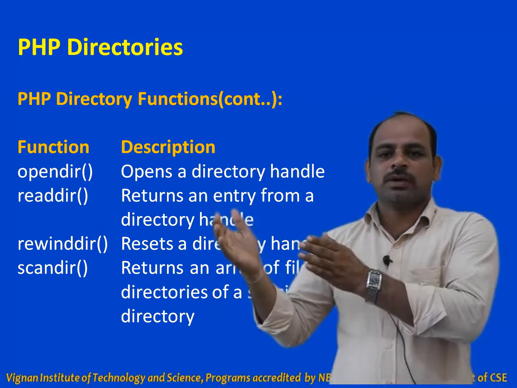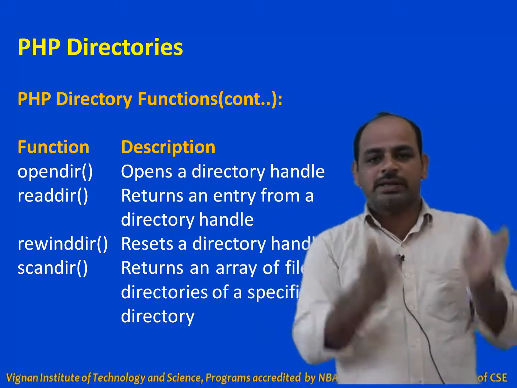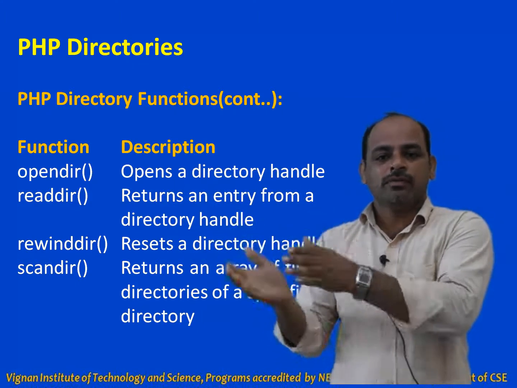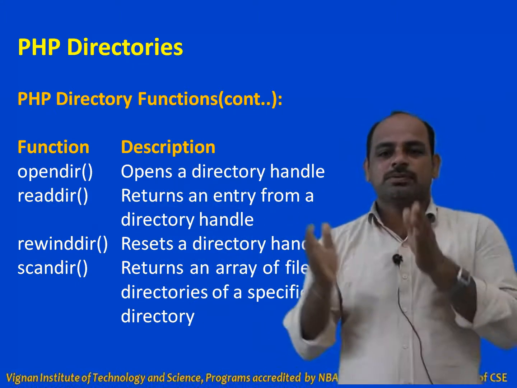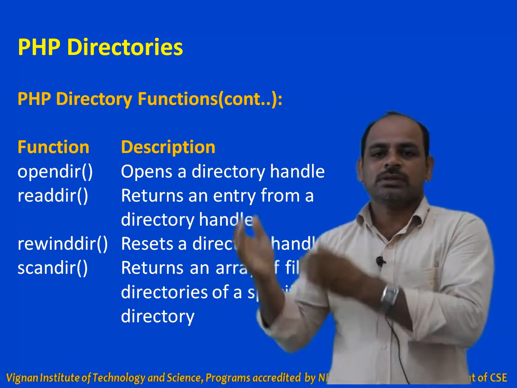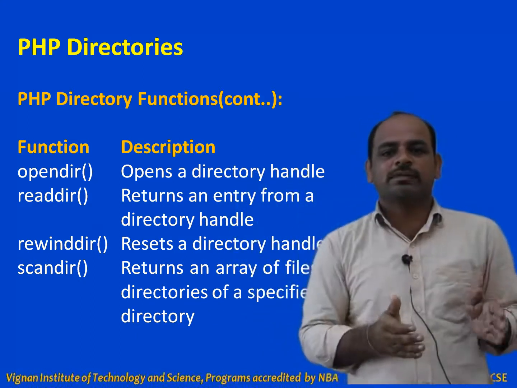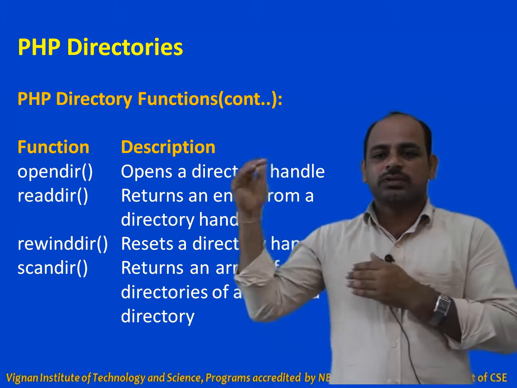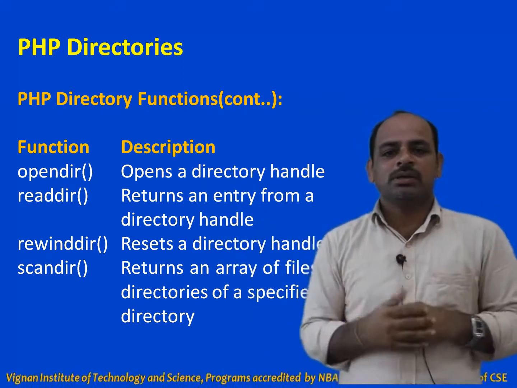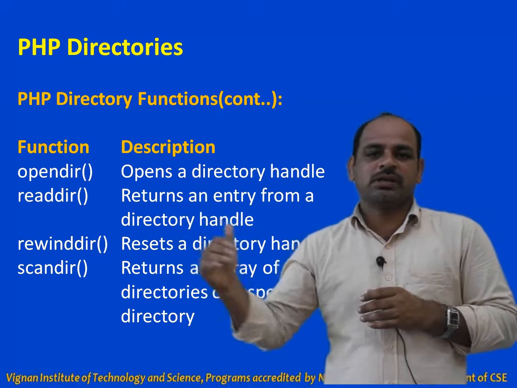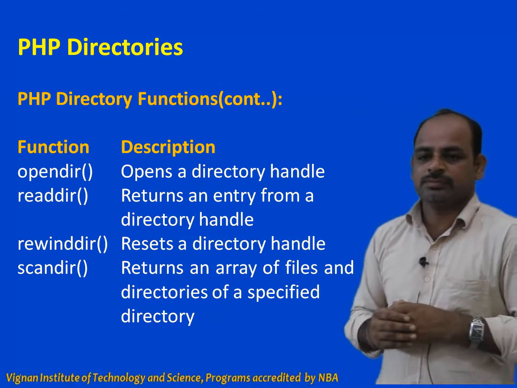All the content of the directory will be stored in an array. Suppose the directory has 10 files, and every file has some name. Then it will create an array with 10 elements. So each file name becomes one element of the array, whether it is a file name or some nested directory name.